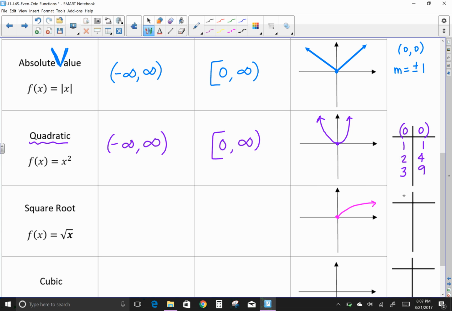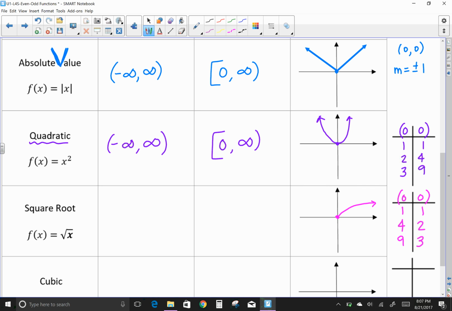It has that same (0, 0) point. And this time my key points, I'm going to pick numbers that are easy to find the square root of, which happen to be those right there. So I'm going to have 1, 4, 9. The square root of 1 is 1, the square root of 4 is 2, and the square root of 9 is 3. Again, we'll talk more about that when we get into graphing that.